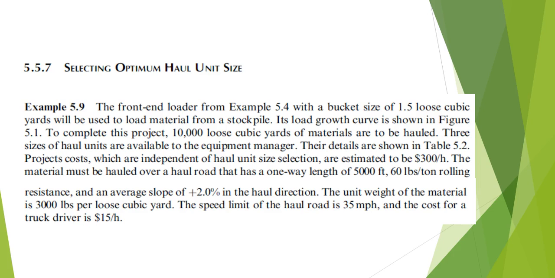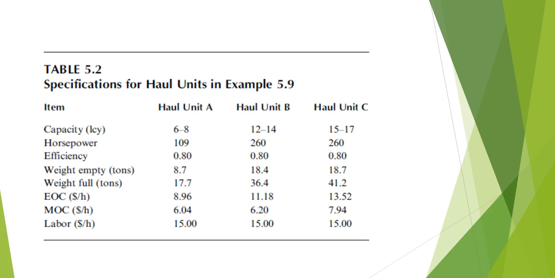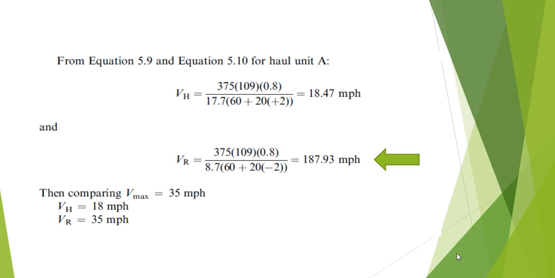Then we have the information we need to be able to go ahead and calculate which is the best size truck to use. Again, we go back to those earlier equations, 5.9 and 5.10, and substitute our values in there. We're going to find that the velocity for the haul is 18.47 miles per hour.